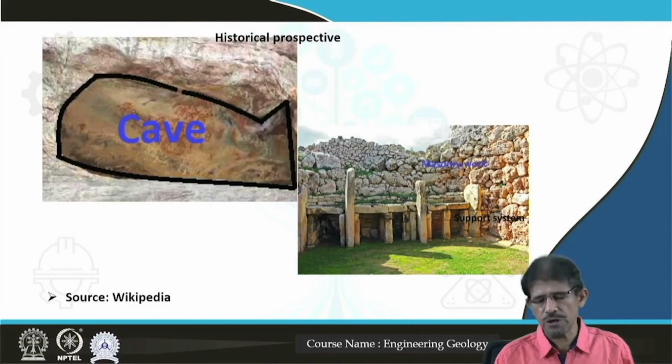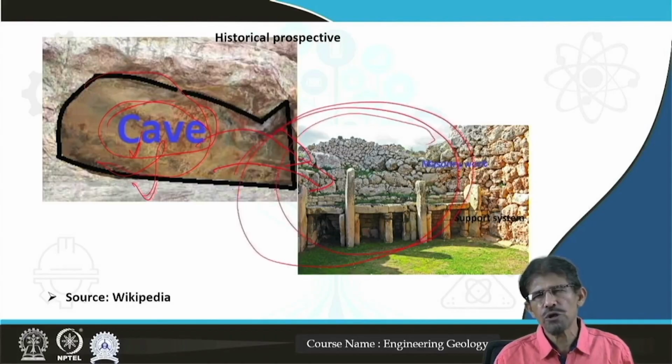You can see this natural cave was utilized by Stone Age people. Later on they realized the need to develop some facilities for proper shelters, and they utilized stone masonry for constructing walls for their shelters.